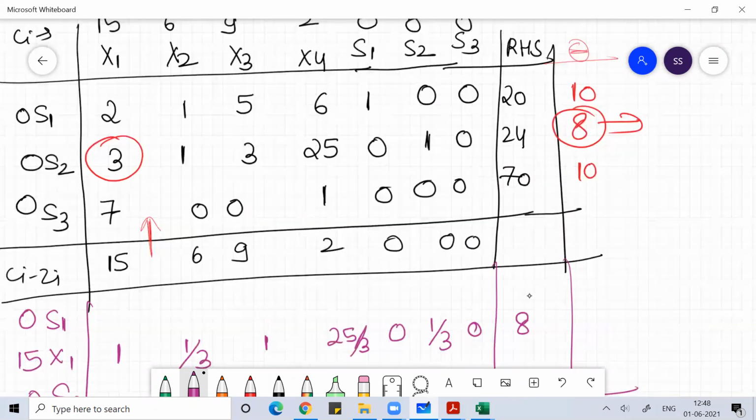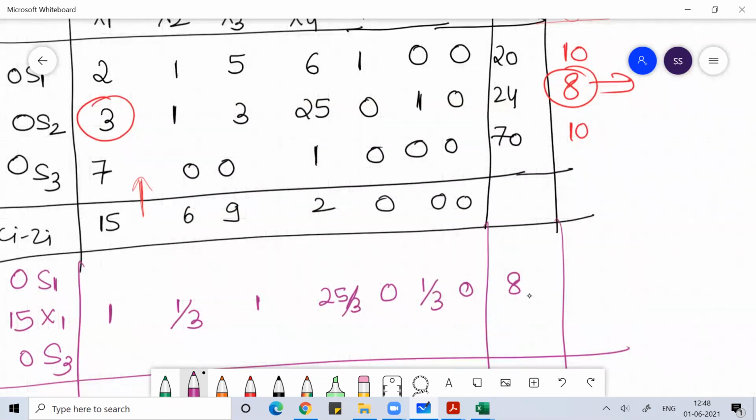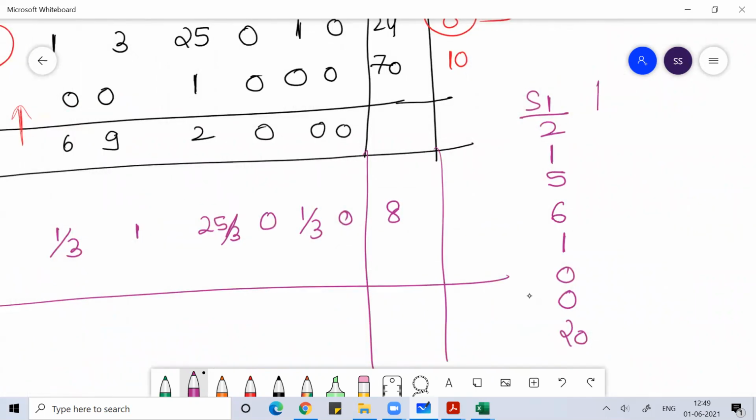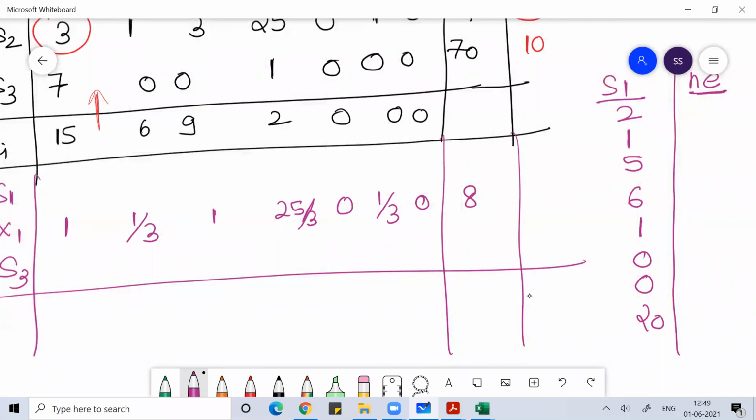Once you found this row, I can find the new values of S1. The old elements of S1 are 2, 1, 5, 6, 1, 0, 0, 20. The new elements are 1, 1 by 3, 1, 25 by 3, 0, 1 by 3, 0, 8.